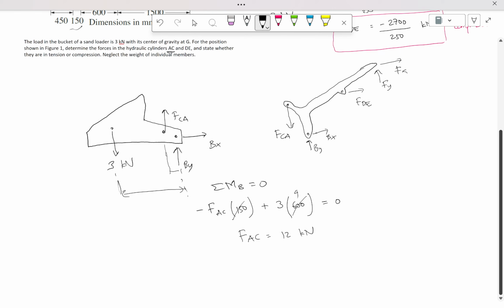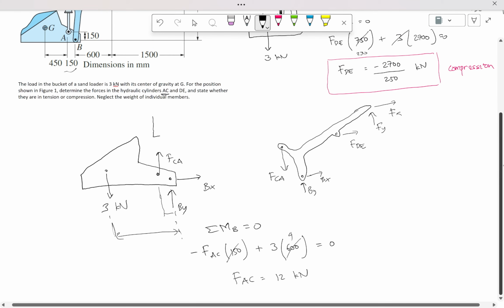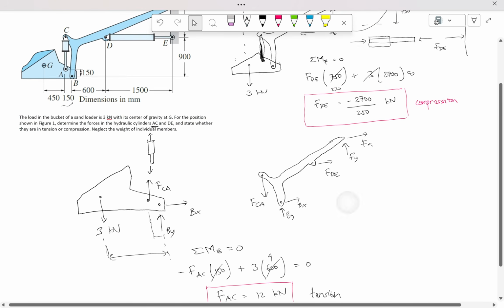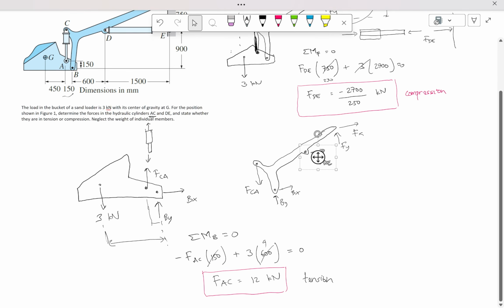Since this is positive, our assumption is correct. If you draw the hydraulic here, it will be like this, so they are in tension. This one is 12 kilonewtons, in tension. So one of them is in compression, the hydraulic DE, and the hydraulic AC is in tension.